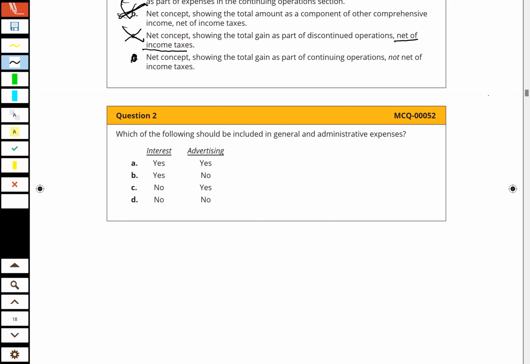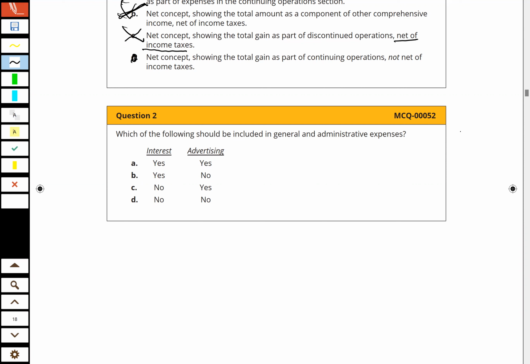Sorry, I got thrown off. When we look at this now, they say which should be included in general and administrative expenses. So let me ask you a couple of questions. Is general and administrative operating or non-operating? Operating. Okay, that's operating. Is interest operating or non? Non-operating.